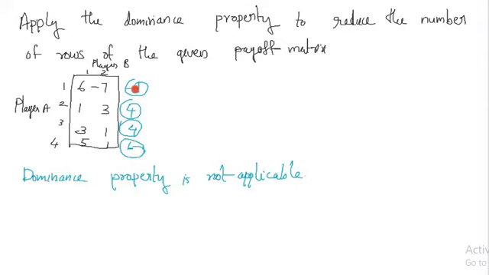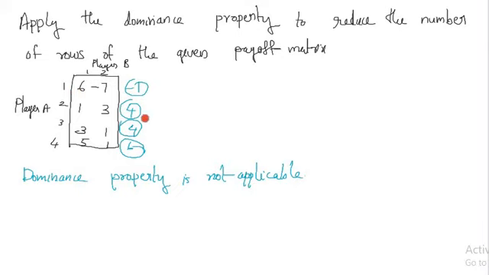Now of these row sums, look at the minimum value, that is -1. Then compare the values of this first row with the other rows. That is, if the elements of the first row are less than or equal to the corresponding elements of another row, we can delete the row. Here the property is not satisfied.